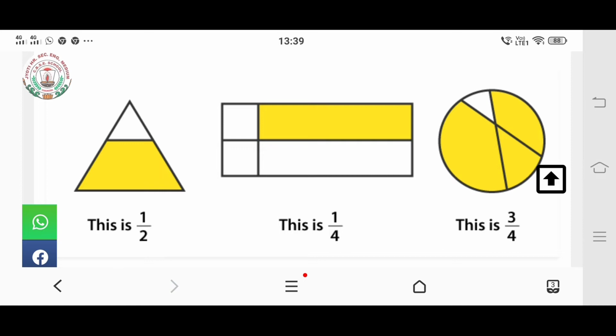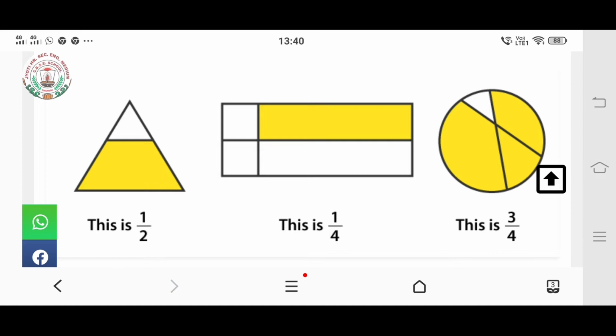Out of that only one rectangle is shaded, means colored. So you cannot say that it is 1 out of 4 because they are not similar. Again the next, the same reason, it is not 3 by 4. Why? Because all these 4 parts are not identical, or you can say they are not equal. So it is not 3 by 4.